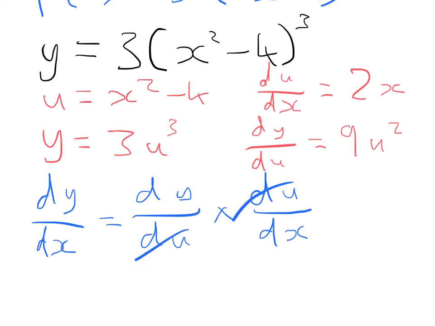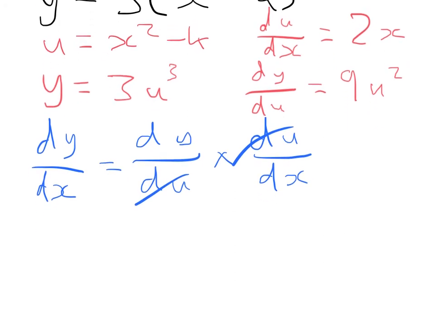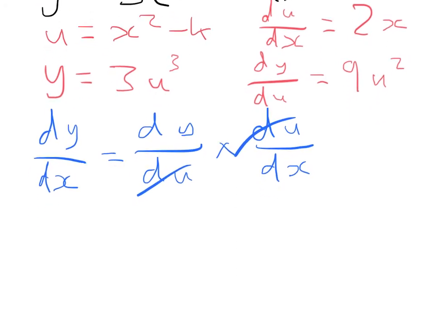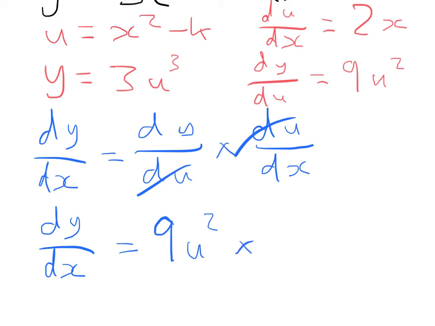So we just end up cancelling to get dy over dx. So what we're going to get is dy over dx equals dy over du, which is 9u squared, times du over dx, which is 2x.